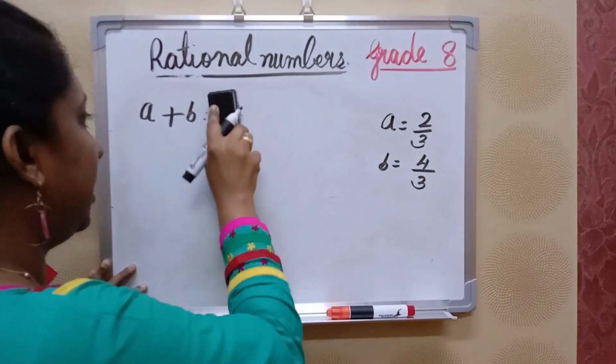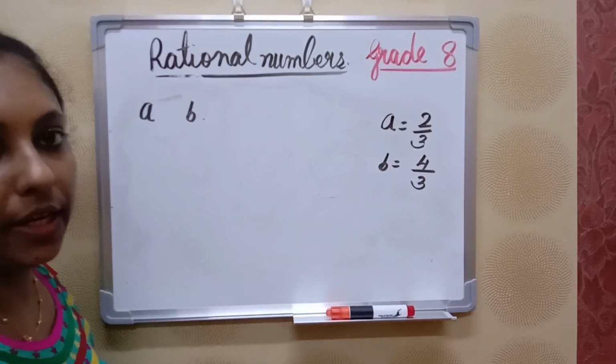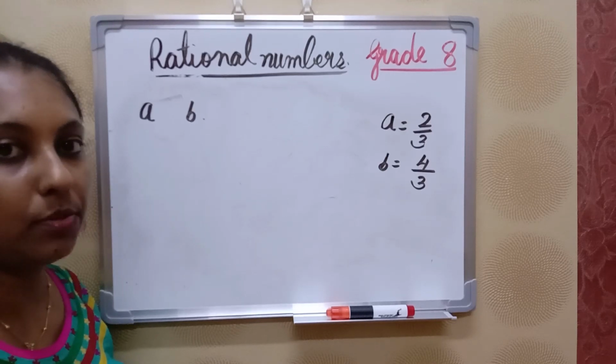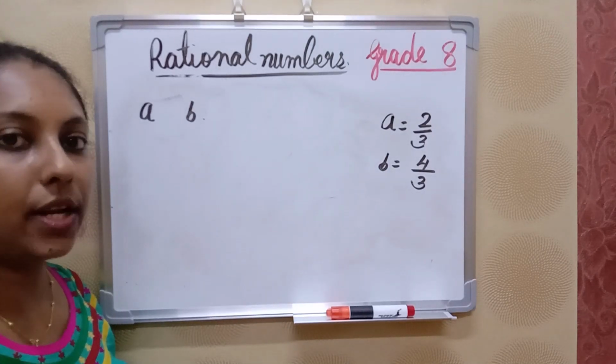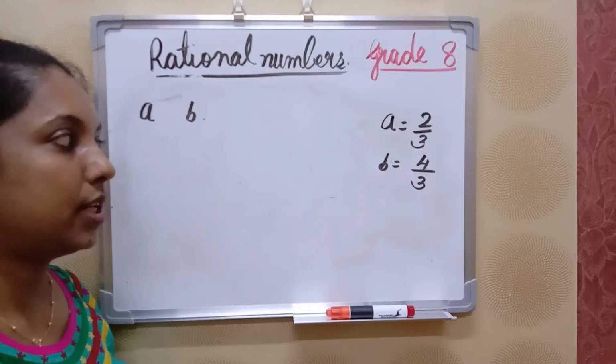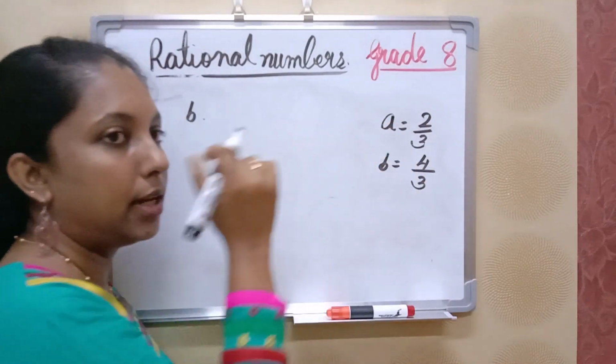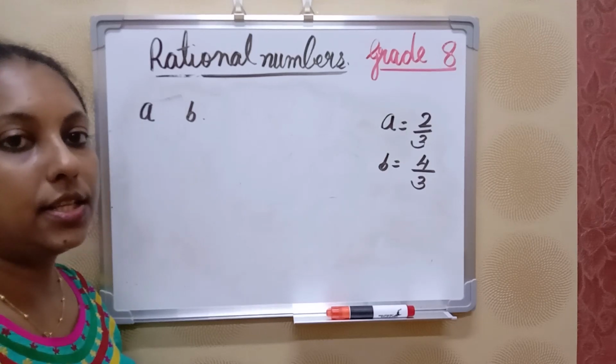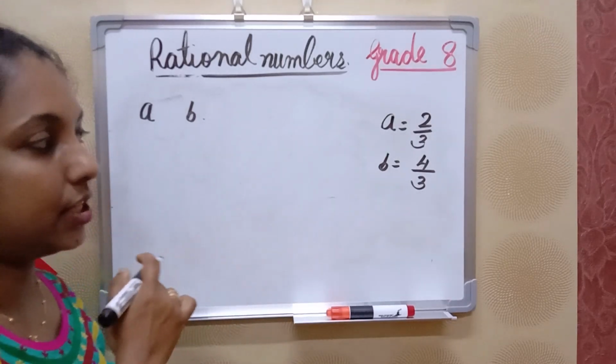Now subtraction. a minus b, that also we can check, whether subtraction is possible for rational numbers. We have to check when a and b are rational numbers, then a minus b is also a rational number, then it is closed under subtraction.